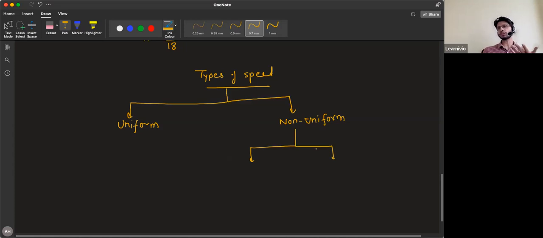If your speed is not changing, then we say it is uniform speed. But if your speed is changing continuously, then we call it non-uniform. Non-uniform speed can be further divided into two categories: you can calculate either average speed or instantaneous speed. These are the two types of speeds you can calculate. Please note down.